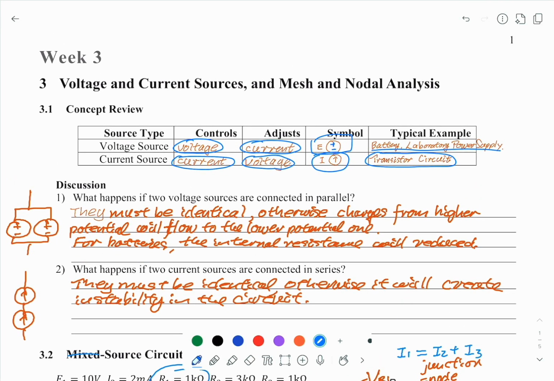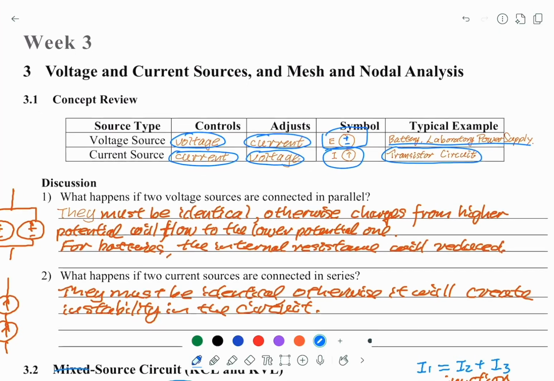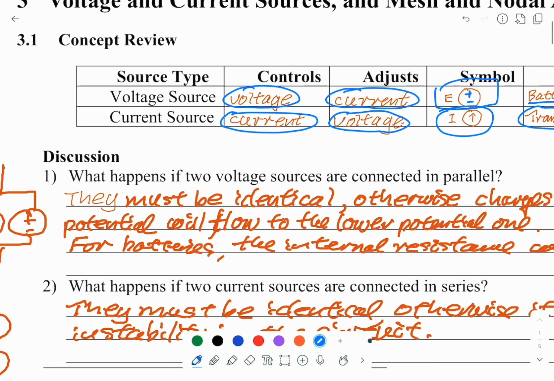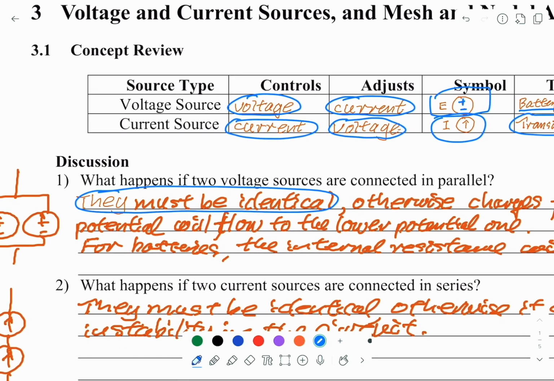Next, what happens if two voltage sources are connected in parallel? Now, one important thing is if you want to connect two voltage sources in parallel, they must be identical. This is an important point.